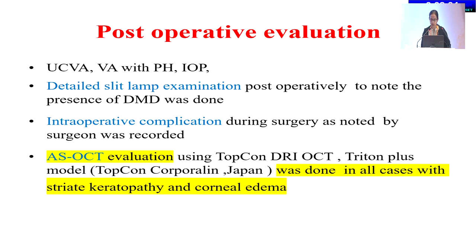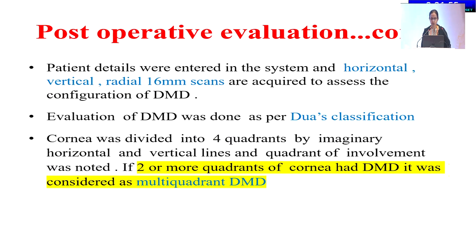Postoperatively also all the tests were done in detail, and anterior segment OCT evaluation was done in all cases with striate keratopathy and corneal edema. Patient details were entered in the system, and DMD was classified according to Dua's classification. We divided the cornea into 4 quadrants by imaginary horizontal and vertical lines, and involvement of 2 or more quadrants by DMD was considered as multi-quadrant DMD.